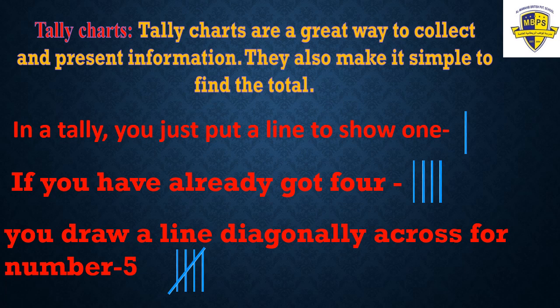First, I'm going to draw 4 standing lines. And then the 5th line is going to be across the 4 lines. If you look at this slide, you can see that to draw number 5, you have to draw 4 standing lines and the 5th line will go across the 4 lines.